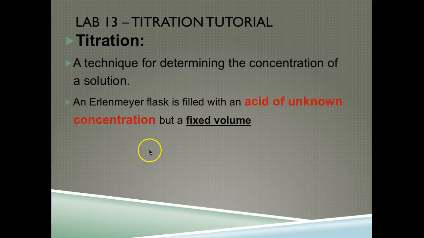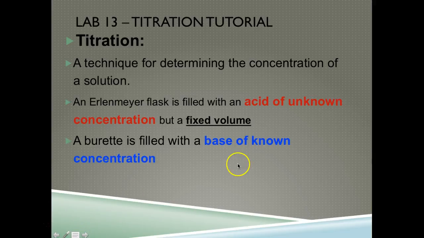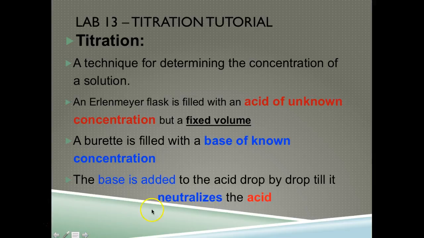For example, you have an acid, but you don't know what its molarity is, but you can take a fixed volume of the acid, say 10 mL or 5 mL. And then you can take a base of known concentration and slowly titrate or add dropwise the base to the acid till the acid and base neutralize each other, and the moles of acid equals the moles of base.